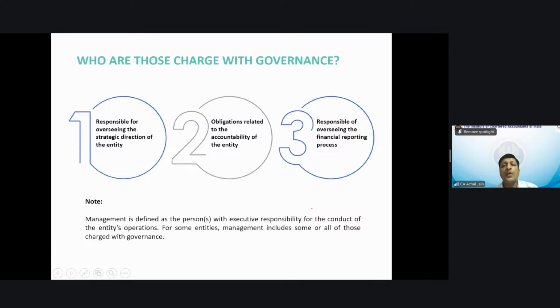Now, as we talked about, who are those charged with governance? Those are responsible for overseeing the strategic directions, who have the obligations relating to accountability of the entity, who are responsible of overseeing the financial reporting process.